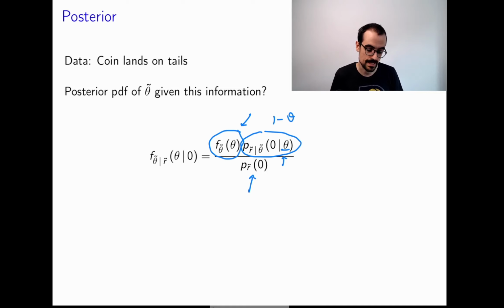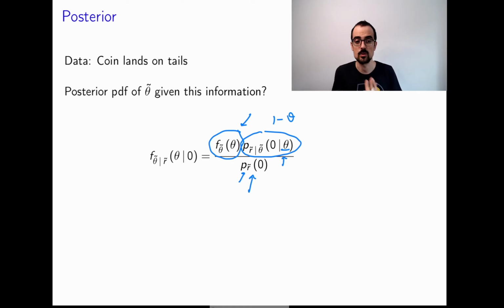Now this one might look a little bit trickier. How do we compute the probability of 0? Well, we need to first condition on theta and then integrate over theta, right? Because all we know is the conditional distribution of the coin flip R. Now I'm wondering why I used R for the coin flip, but that's what I used, so let's go with it.